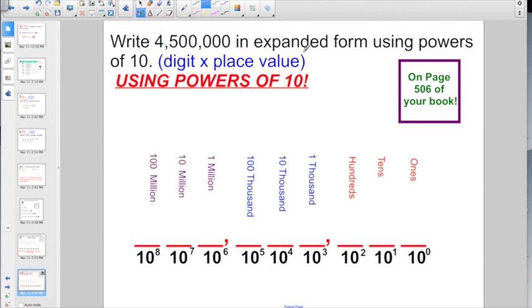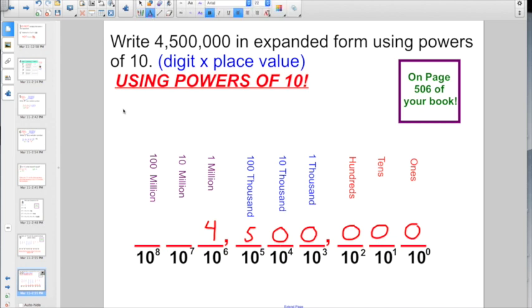4,500,000 in expanded form. So 4 million, that's going to give a 4 in the 1 millions place, a 5 in the 100,000s place, and then I have a whole bunch of zeros, right? And when I'm doing expanded form, I don't have to write anything for zeros, right? Nothing is the same as a zero.